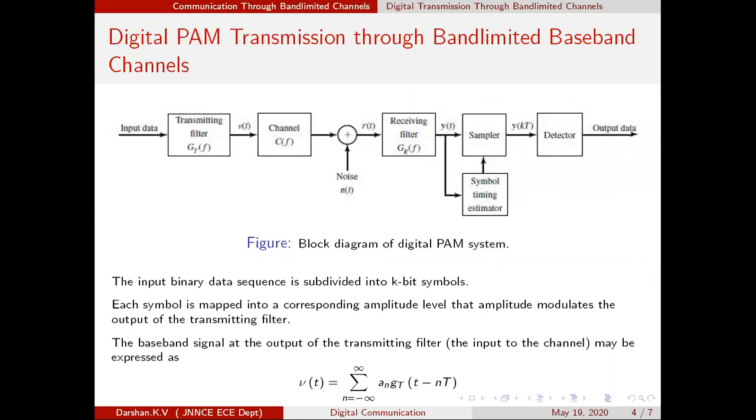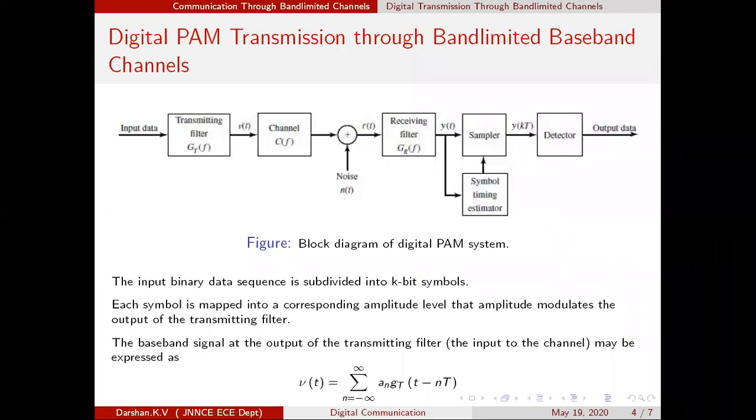This is the data you want to transmit over the band limited baseband channel. Now, what is the nature of the data? The source will emit symbols every T seconds. Please hear carefully: the source is going to emit symbols every T seconds.